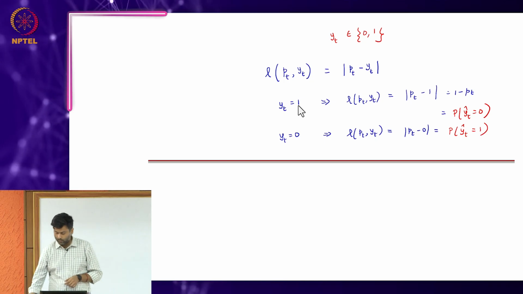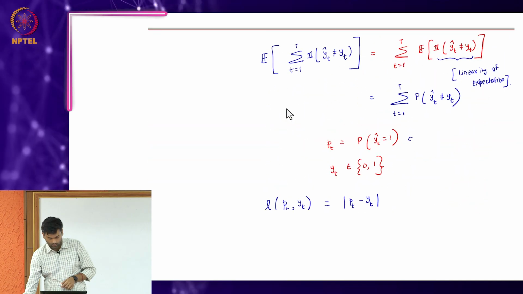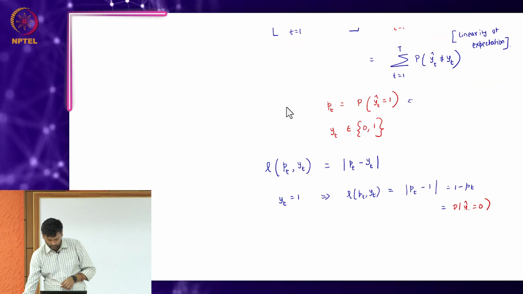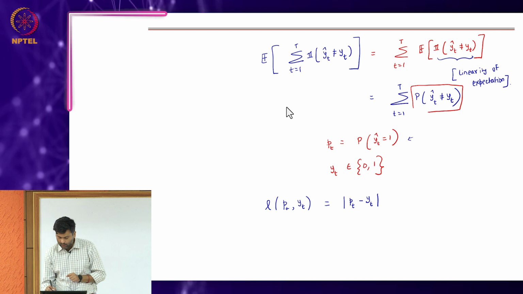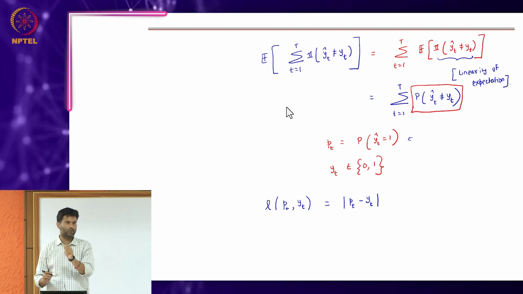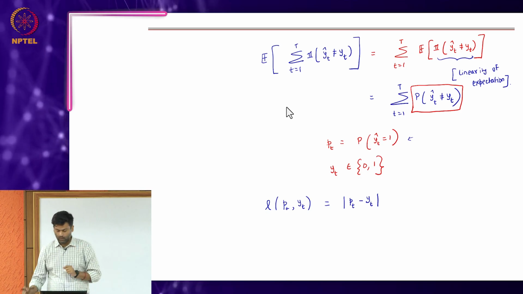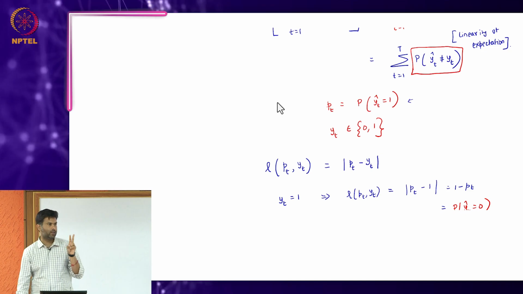So now let us look at everything put together. What I am trying to measure in each round is the chance that my answer and the actual answer differ. There are only two ways in which my answer and the other answer can differ.